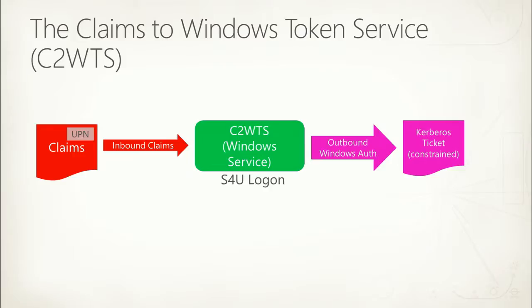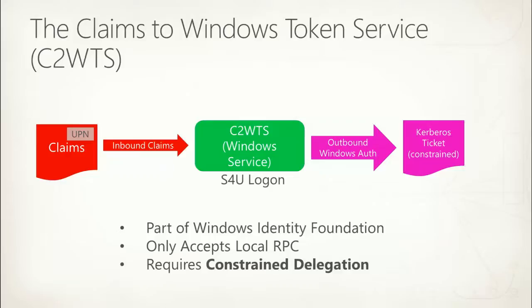It's then going to go off and talk to the KDC, your Active Directory controller in your domain. It's going to do an S4U logon, and it's going to get a service ticket for the incoming user. At that point, it gives that ticket to the service application instance. So if this is reporting services, it gets that ticket, and now reporting services can go back to, for instance, SQL and authenticate.